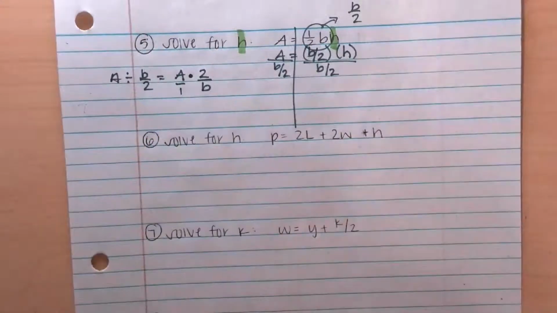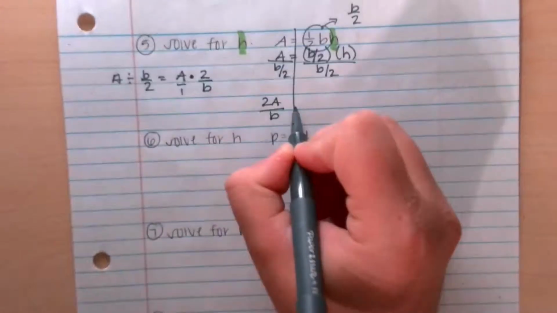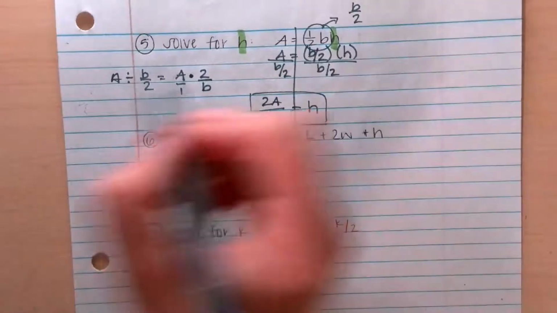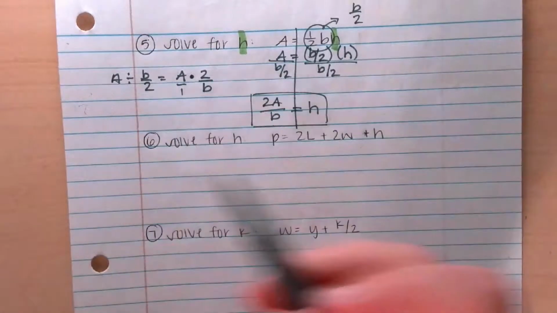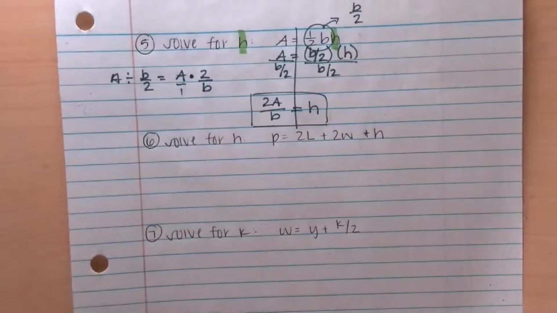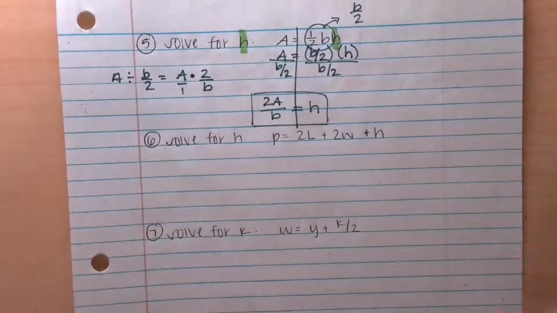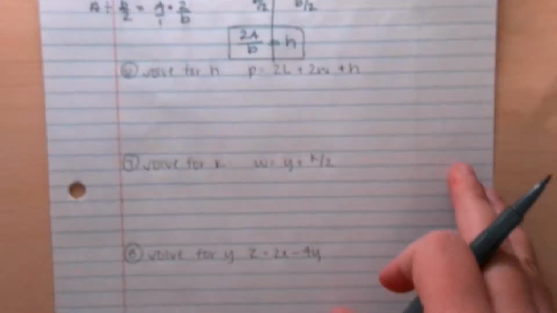And we just multiply across the top and across the bottom. So we get 2A over B equals H. Okay, so familiarizing yourself with this concept of how we go between division and multiplication with reciprocals, right? Reciprocal is just when we flip it. This is going to slowly become a more important piece of this class. Okay, number 6.